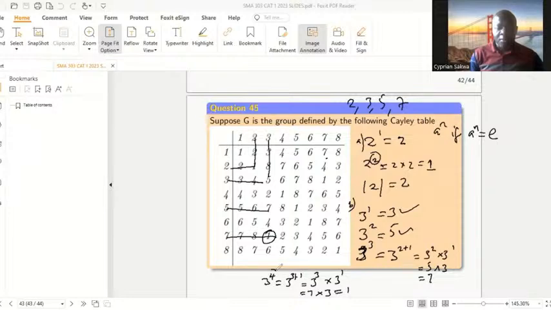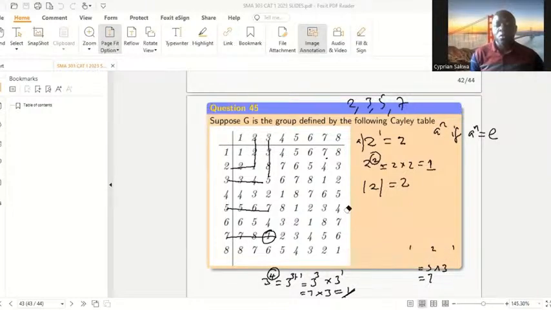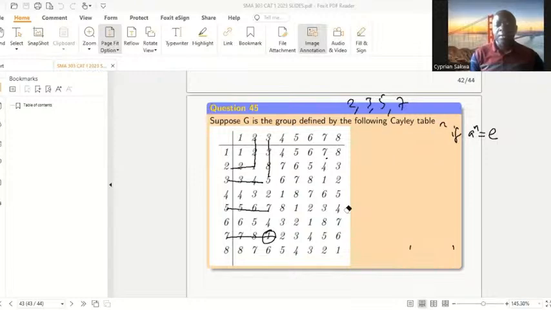That means the order of 3 is 4, because 3 raised to 4 gives us 1. I hope you got that. Let me do 2 more, 5 and 7. If you never got the first 3, then you have a chance to get what I'm doing.